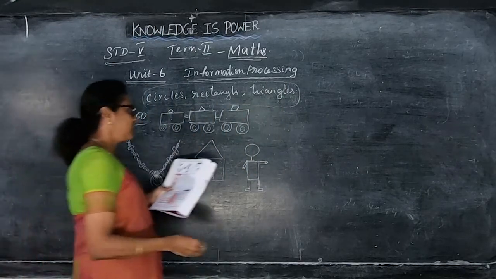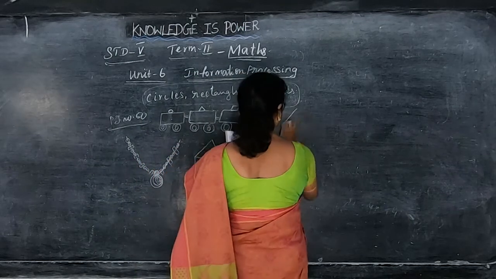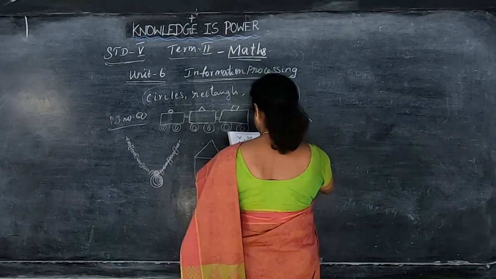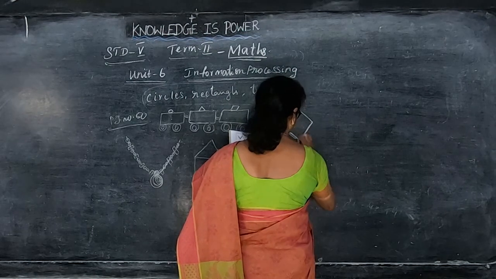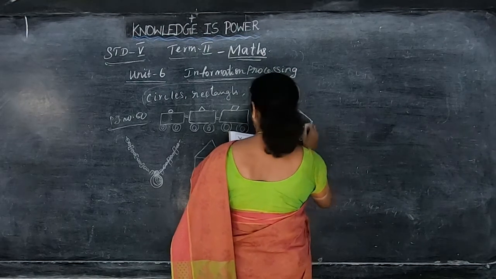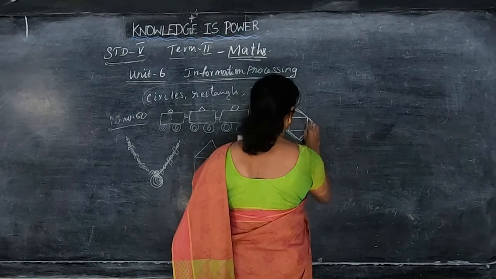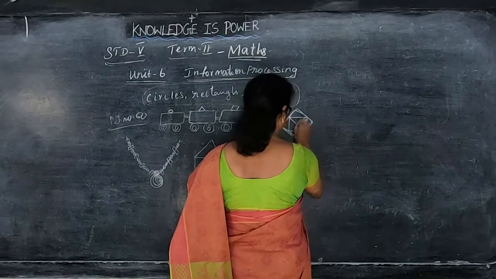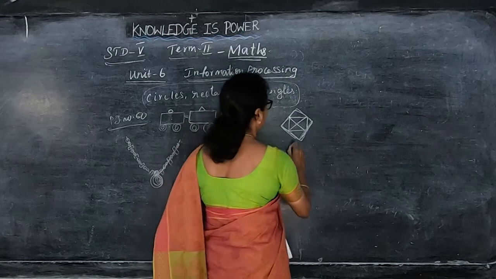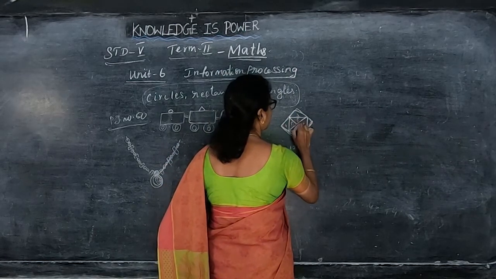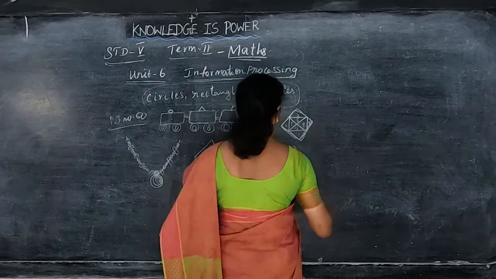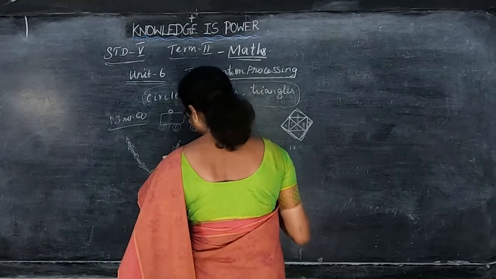Okay, here they have given the square. You have to say how many rectangles are there and how many triangles. See here they have given it like this. So in this, how many triangles? So there are 12 triangles. 1, 2, 3, 4, 5, 6, 7, 8, 9, and then 12 triangles.